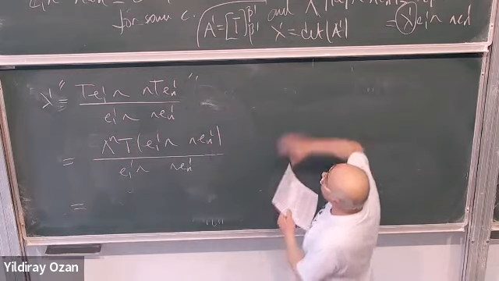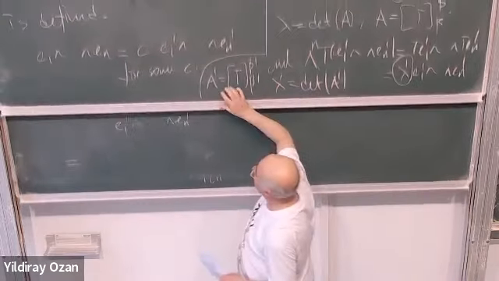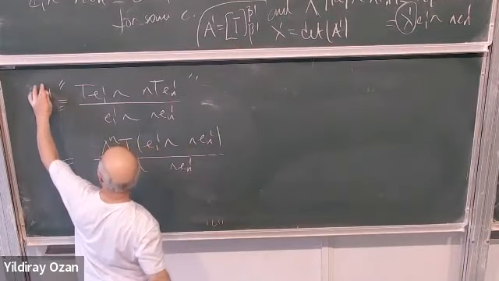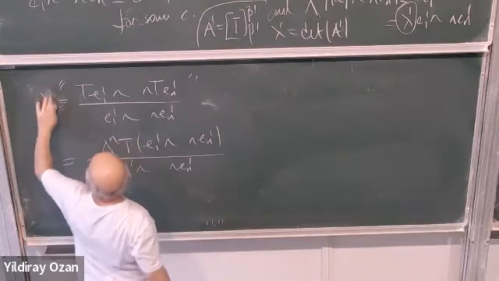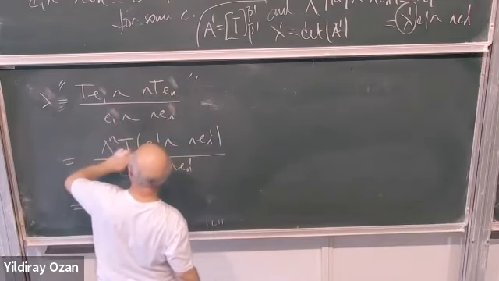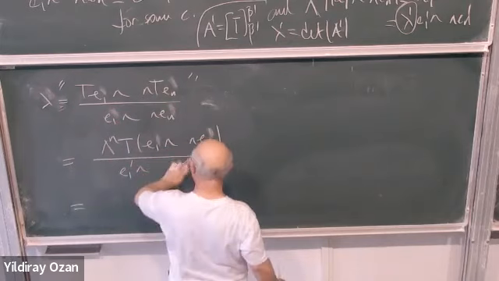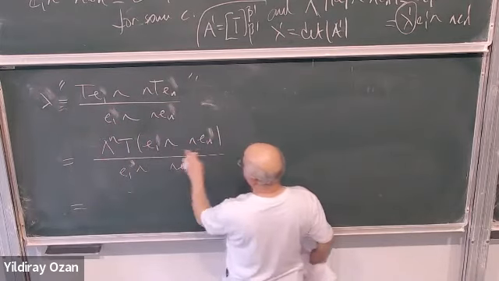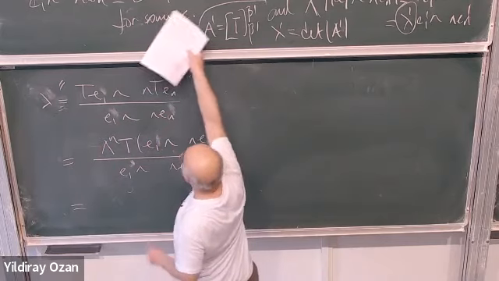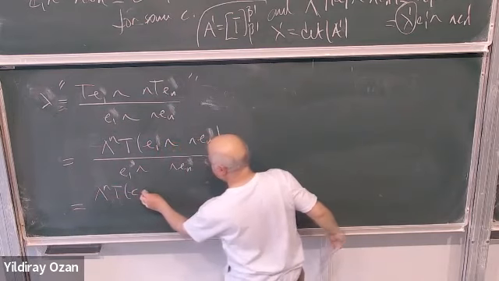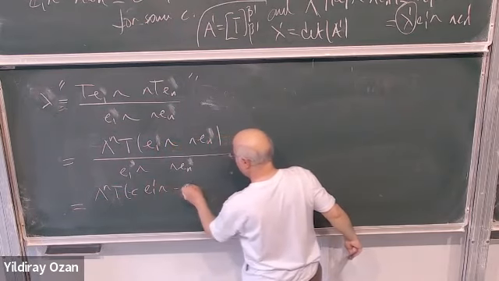But what is this element? Or let me put it this way. Okay, let me erase the primes. So I have lambda. But what is this gadget? That is just T times this. So this is T times E1 wedge En.